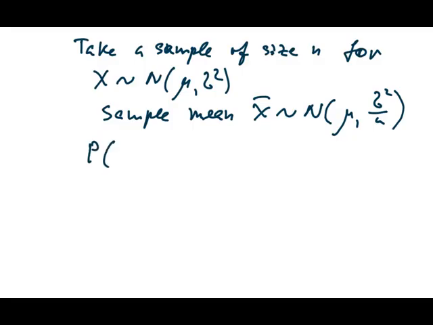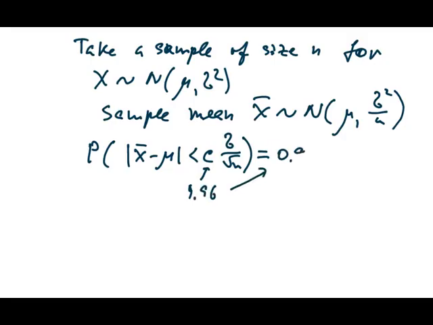The probability that x bar minus mu by absolute value is less than c times sigma divided by square root of n equals a certain probability. So if here we have 1.96, then here will be 0.95.